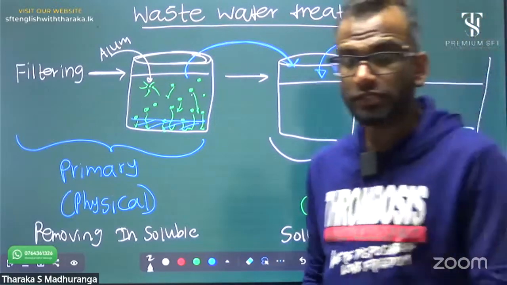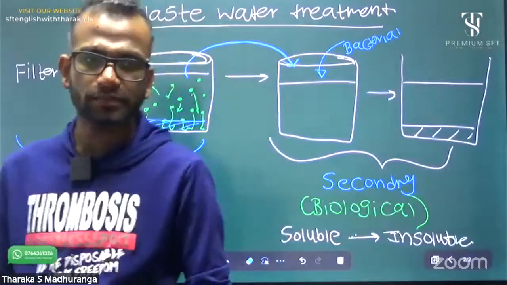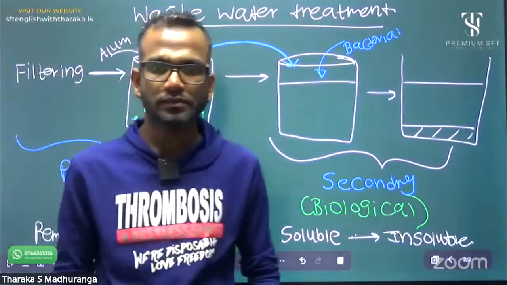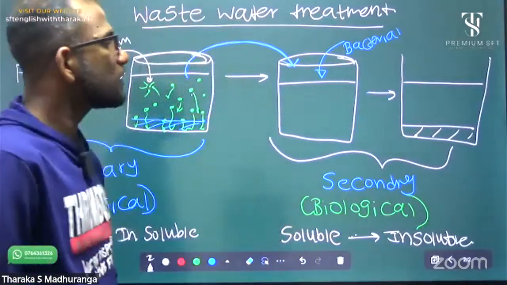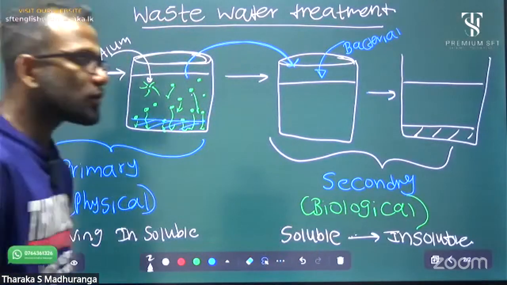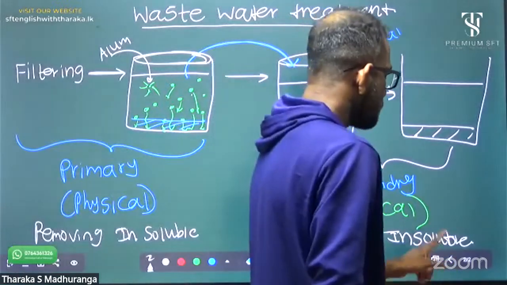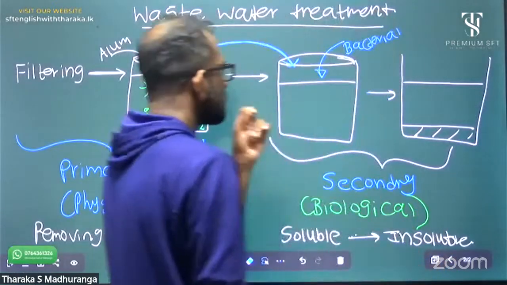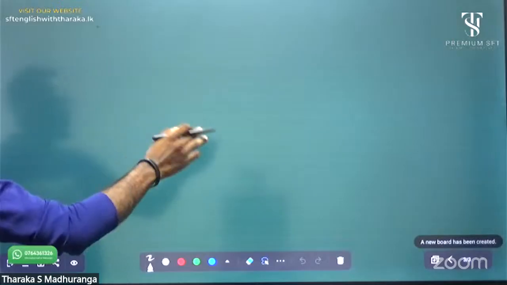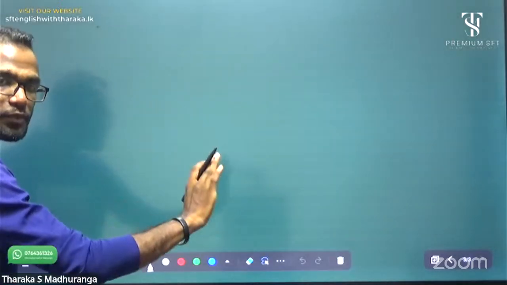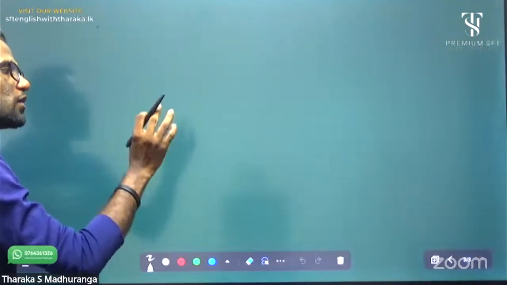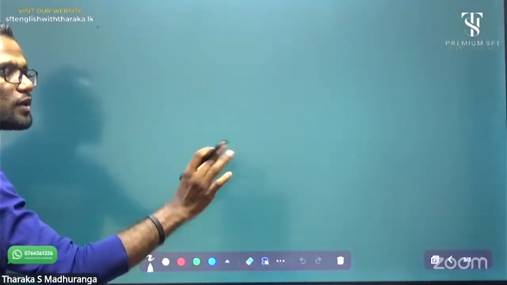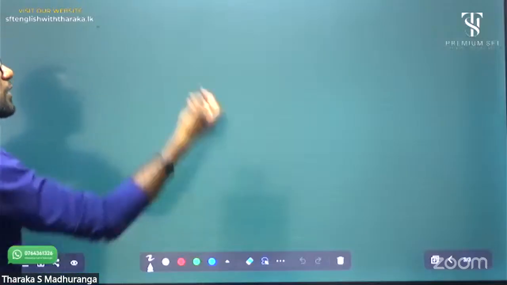The last part means chemical treatment, the tertiary treatment. Up to secondary treatment, okay. The tertiary treatment is not a microbial activation. In the tertiary treatment, what happened is, after secondary treatment, organic materials are removed, right? Both insoluble and soluble organic materials were removed in primary and secondary treatment.